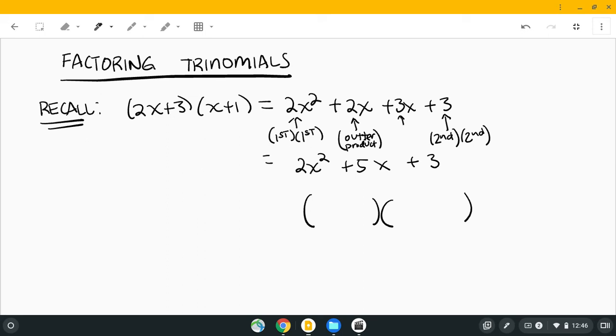And we got this one from the inner product. So we see here we got the 2x from the outside product, 2x times 1. We got this here from the inner product, 3 times x. Okay, all right.